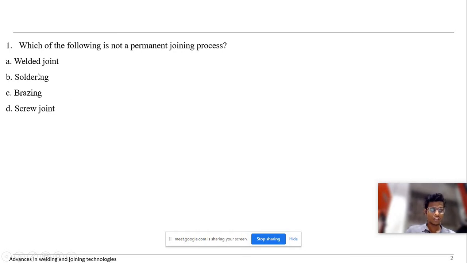In soldering or brazing, the third material is melting and with the help of wetting action the joining happens, so it's a permanent joint only. To remove that material, we need to damage the joints, as in soldering, brazing or welding. But in a screw joint, we can directly remove the bolts and the nut. So the option is D.